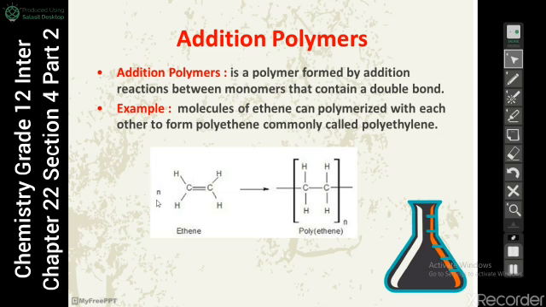So if we have n as 5 ethenes, the polymer will consist of 5 ethenes. If it's 100 ethene, the polymer will consist of 100 ethene. In fact, this reaction can be repeated hundreds or thousands of times.